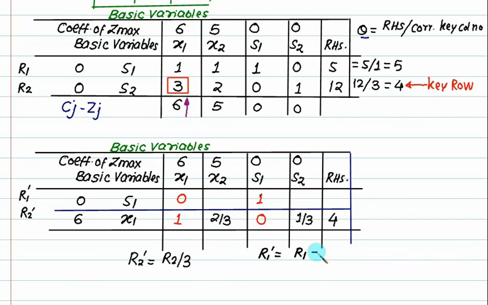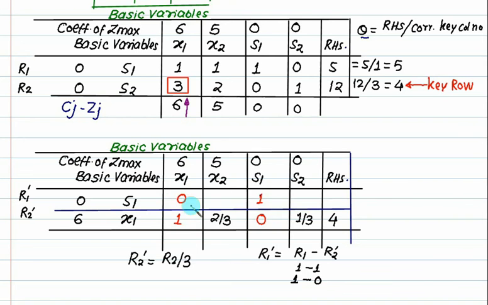So minus of the coefficient of this one, which is 1, into R2 dash. Now check me. What is the previous number? 1. What is the new value of R2 dash? 1. Is 1 minus 1 0? Let's confirm this for this one. What is the previous number? 1. What is the new number? 0. So this number is 1.